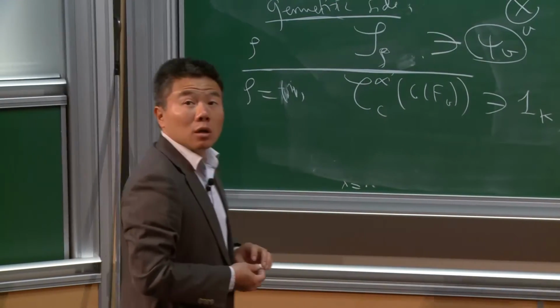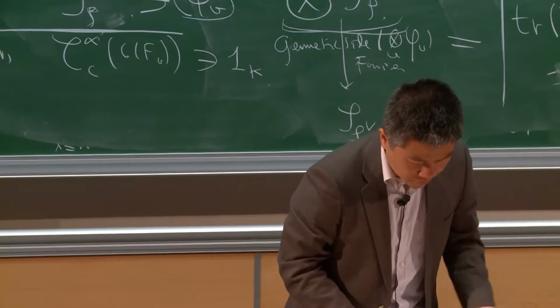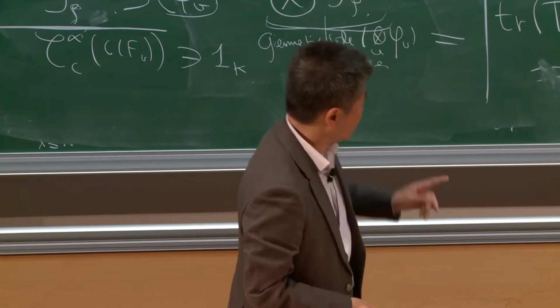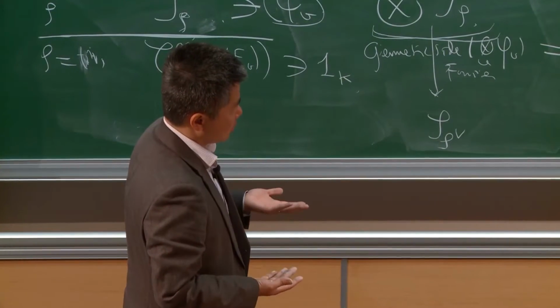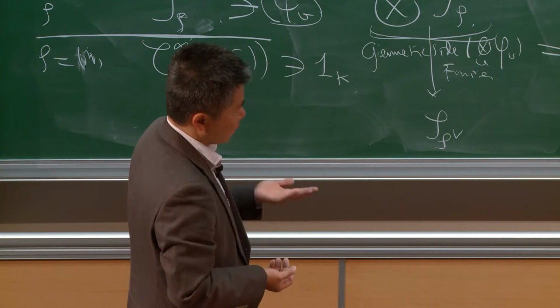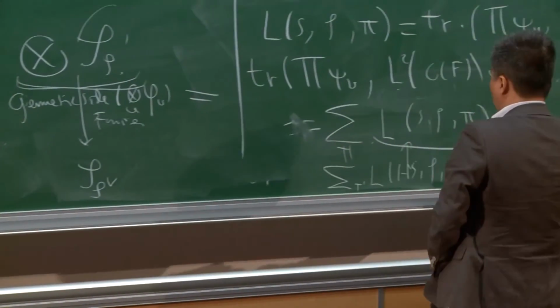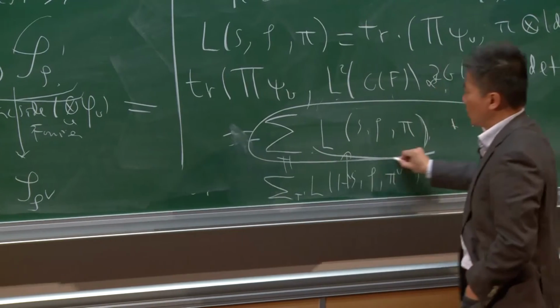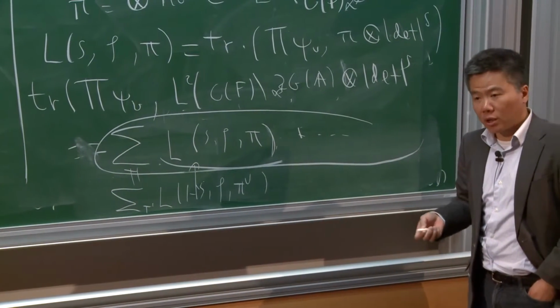Okay, so now beyond endoscopy, in Langlands' approach, at least originally, he was not looking at the functional equation. He was more interested in looking at the poles that appear on this right-hand side.